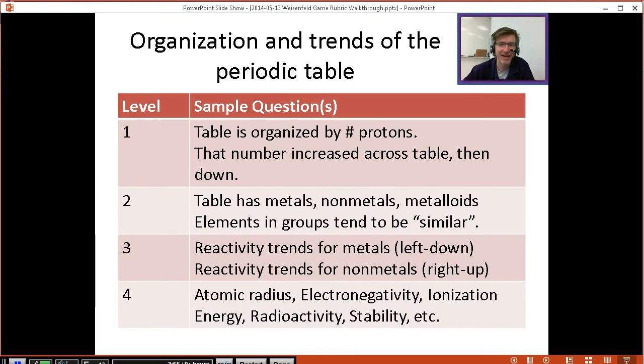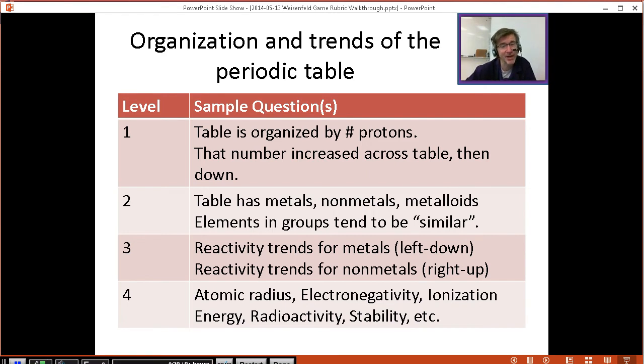Then, of course, that increases as you go across the table, and increases as you go down. Every element has a number of protons, so we're set with that. The table has metals, nonmetals, metalloids, and elements in groups tend to be similar. That's at level 2. So you need to know what the metals are, what the nonmetals are, and what metalloids are.